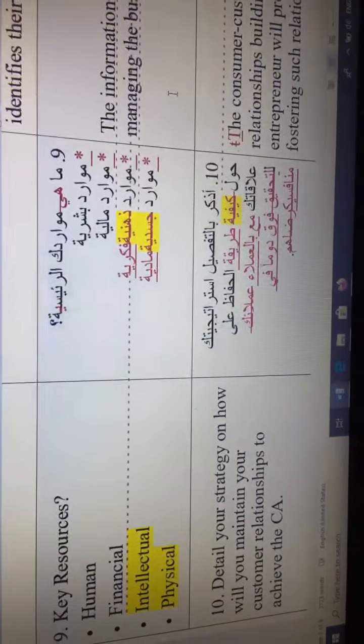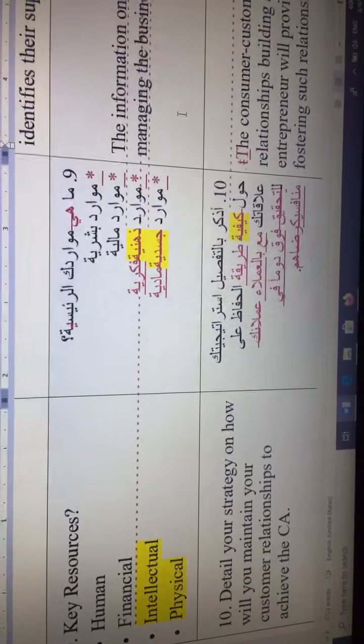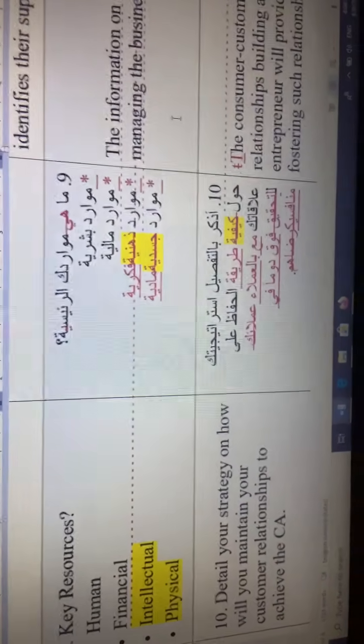Also about the words intellectual and physical, which I will discuss. Then I'm going to move on to the word how, to translate the word how as tariqa and not kayfiyya. I'll start with the word financial, and the word mawarid, and this one is really interesting.